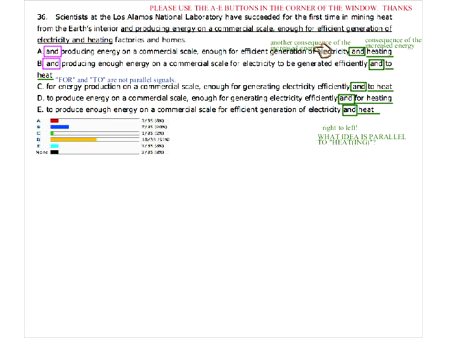This has got to be generating. So that doesn't work. This is not generating. So this is out. This is to heat. We need to generate, not to be generated. So that doesn't work.